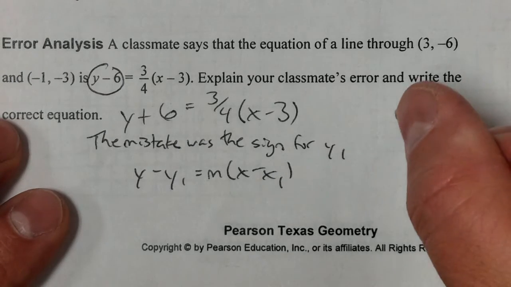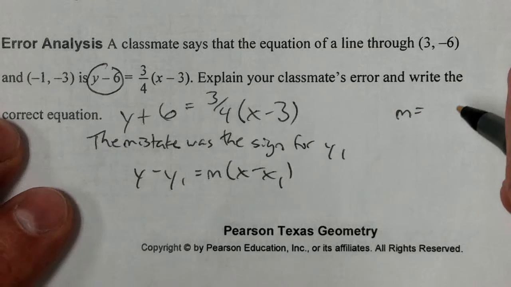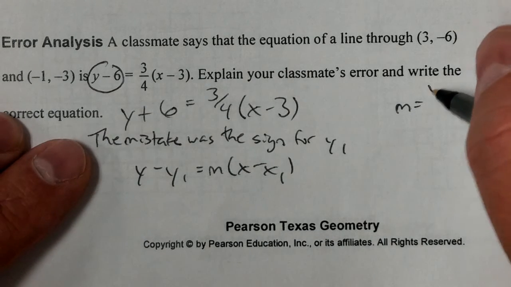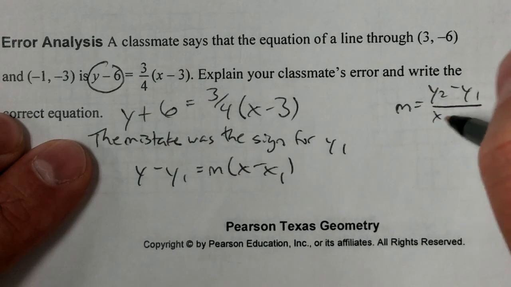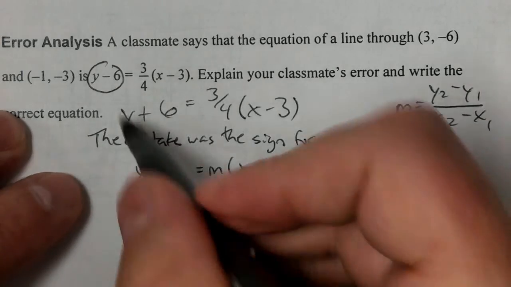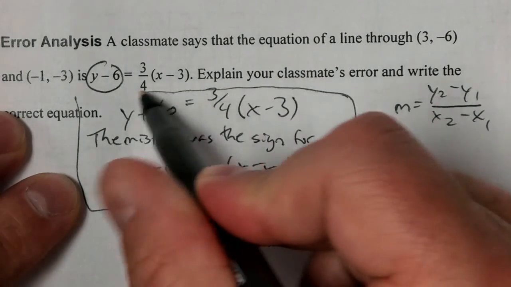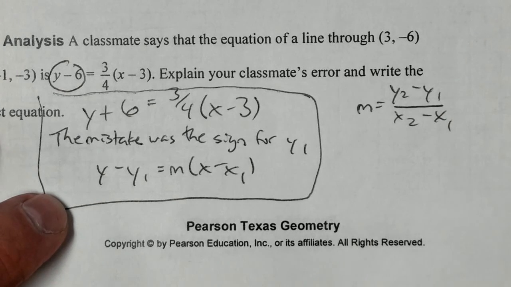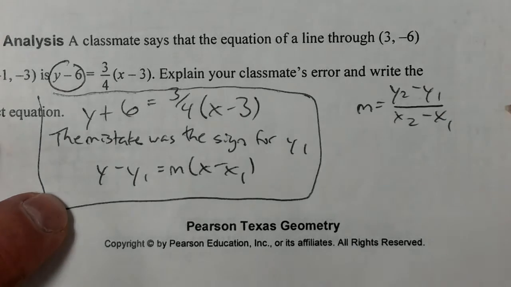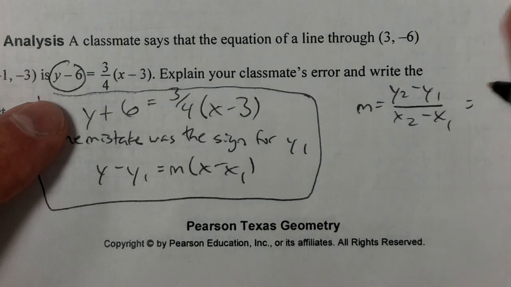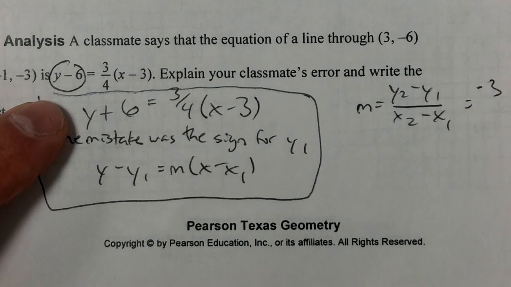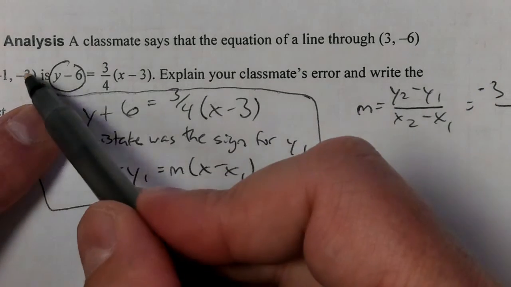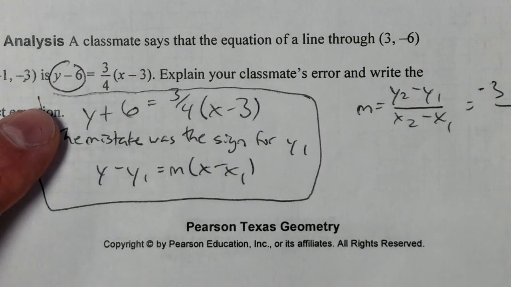If you want to make sure your slope was right, that would have been this. This is the main part I want you to write, which I put in a box, but this is just if you want to check it this way too. This would be -3 plus 6, so changing my y values.